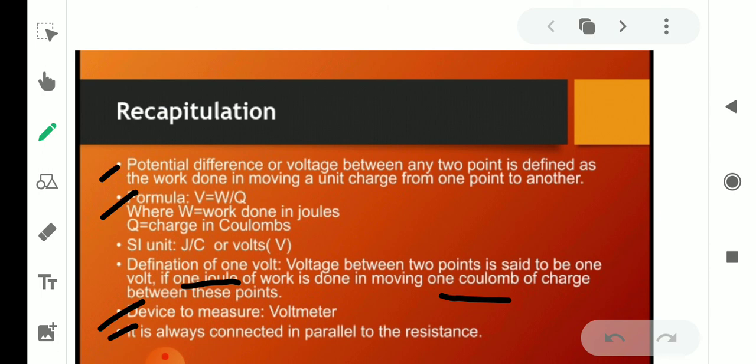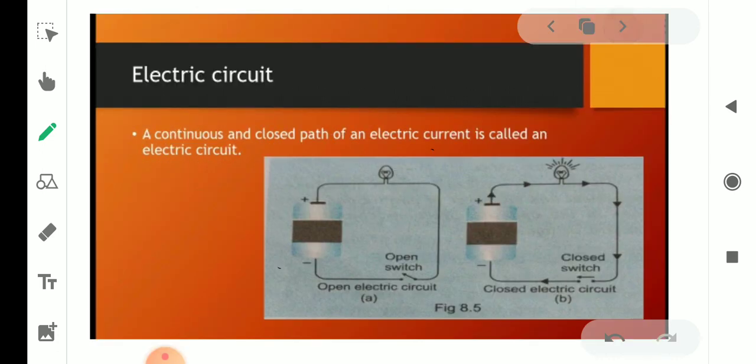Now today let us study about electric circuit. An electric circuit consists of different components. For example, here you can see a circuit in the picture where there are different components like battery, bulb and a switch.